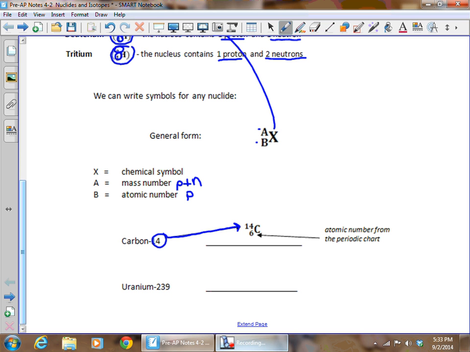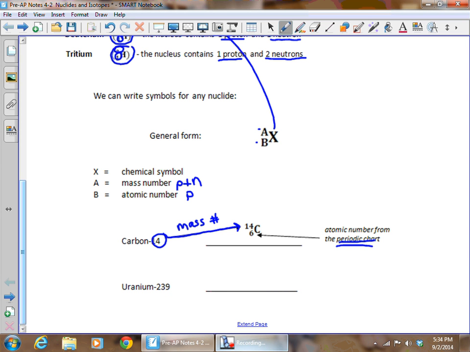So that's telling us the mass number is 14. The bottom number we're always going to get from the periodic chart. Just simply look up carbon, see what its atomic number is, and that's going to be that bottom number, the number of protons. So 14 over 6, C, is the symbol for carbon 14.